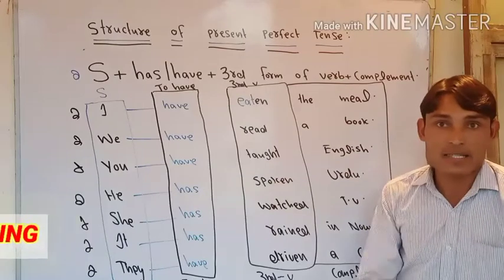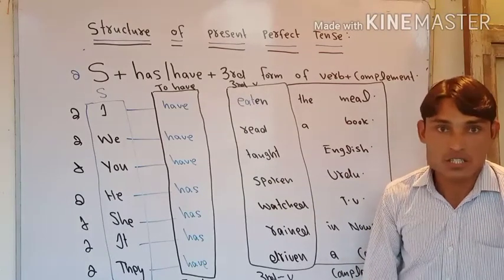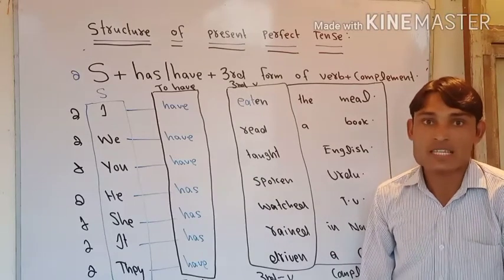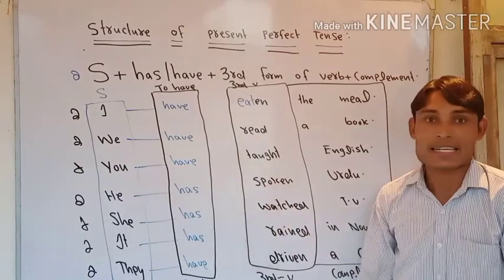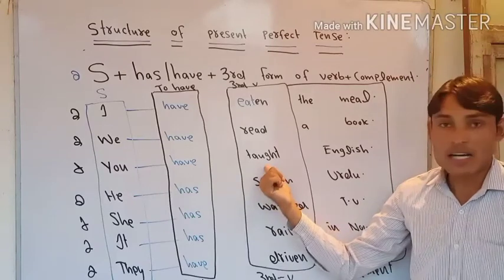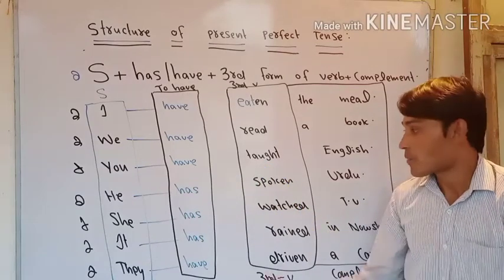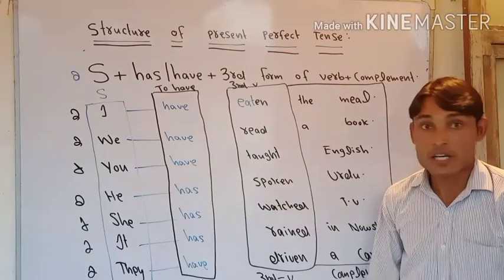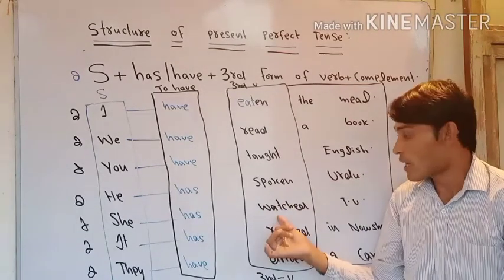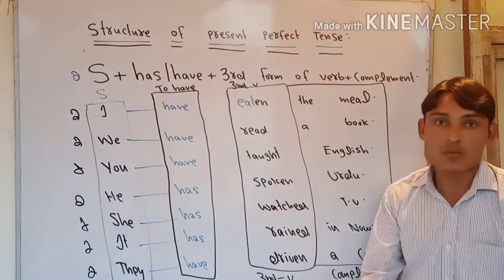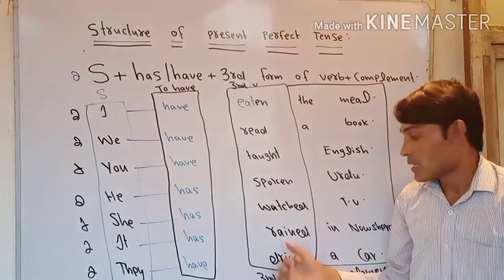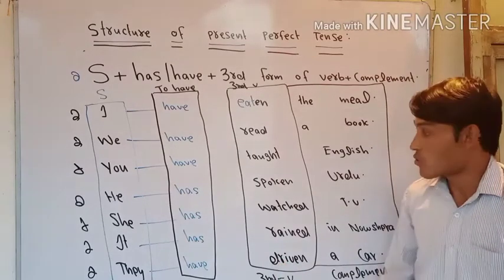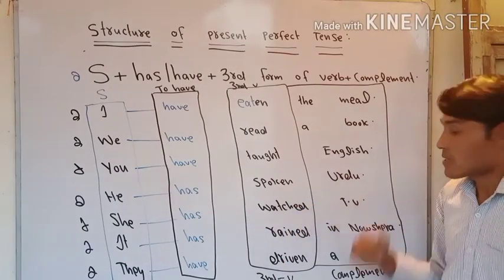Read: the spelling is the same but the pronunciation is changed. The first form is read, and the third form is read. Taught is the third form of teach. Speak is the first form, and the past participle form is spoken: speak, spoke, spoken. If we talk about watch, the past participle is watched, and also rain, rained, and drive, driven. So these are called the past participle forms of verb, and this is called the complement here.